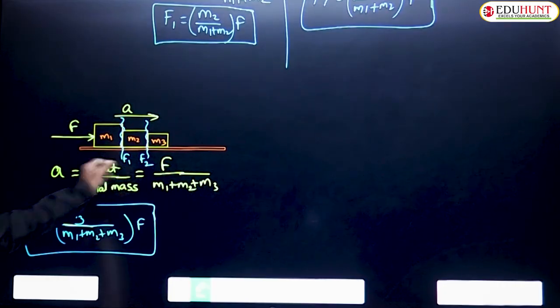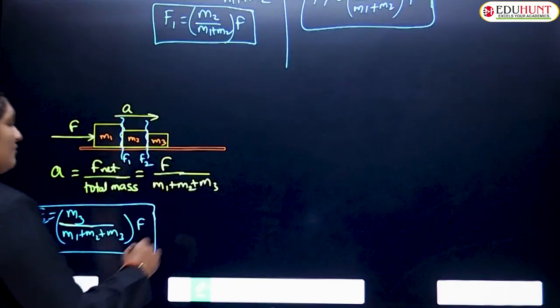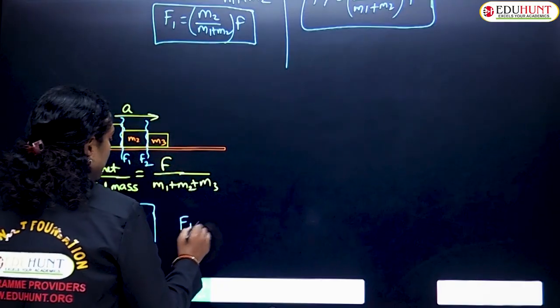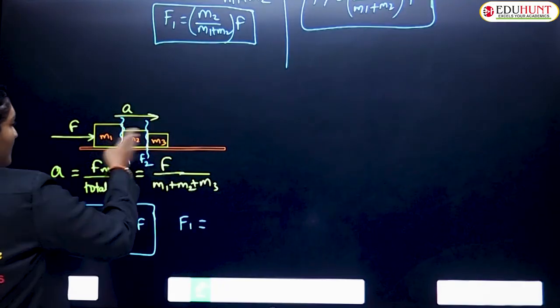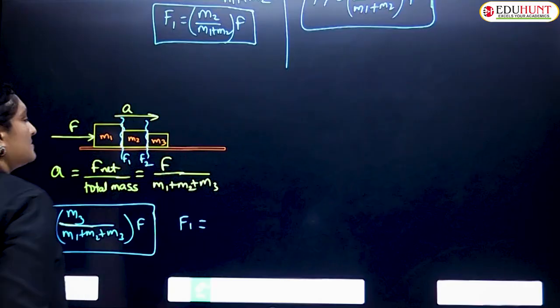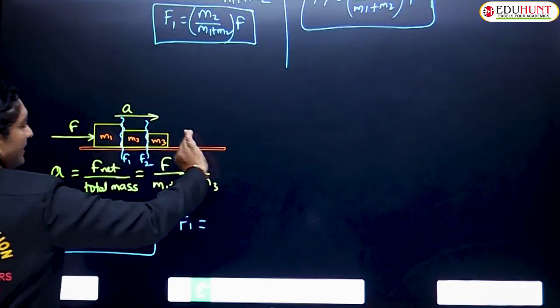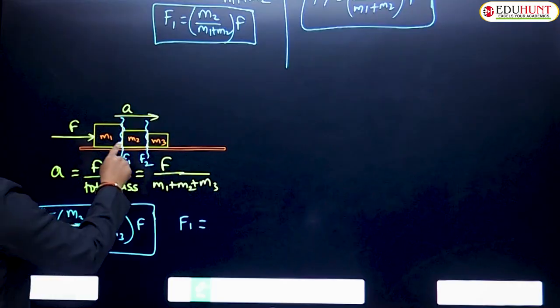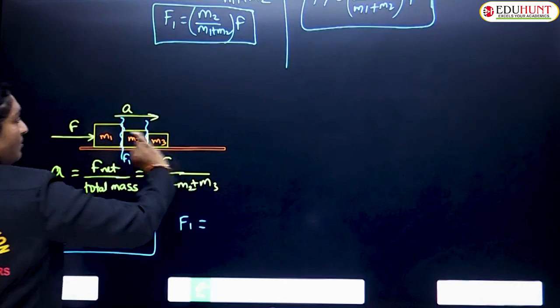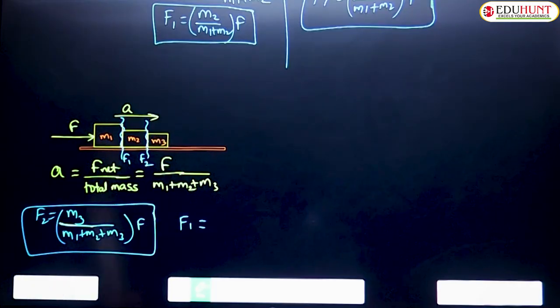Similarly, you can also find the value of F1. The value of F1 can be taken as, because of this force F1, these two masses are moving together. Because of the contacting force F2, only m3 is moving, but because of the contacting force F1, both masses m2 and m3 are moving.